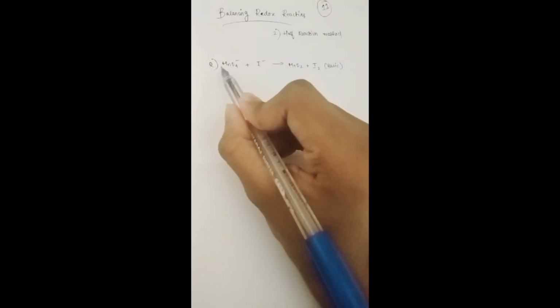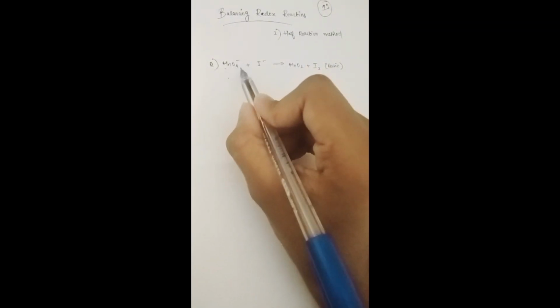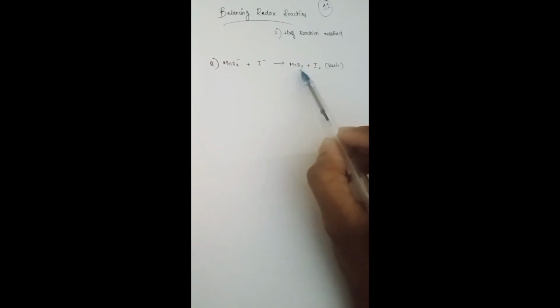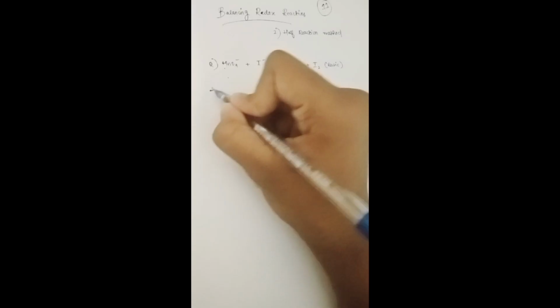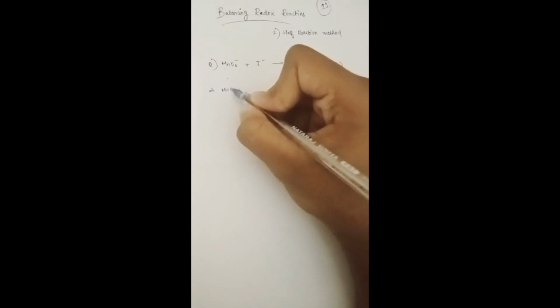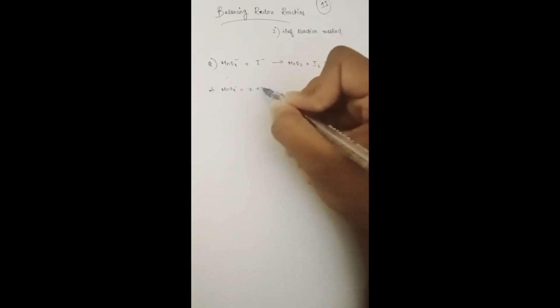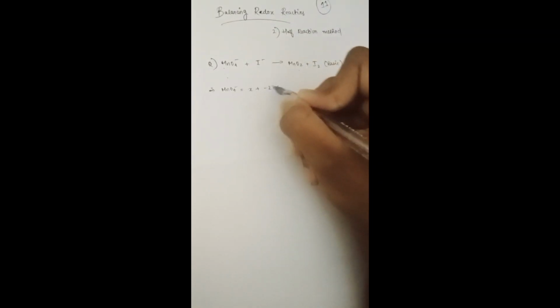the unknown elements. The unknown elements are the Mn in MnO4 minus, and the Mn in MnO2. To find it, let's take the oxidation number of MnO4 minus, taking Mn as x, plus minus 2 into 4.